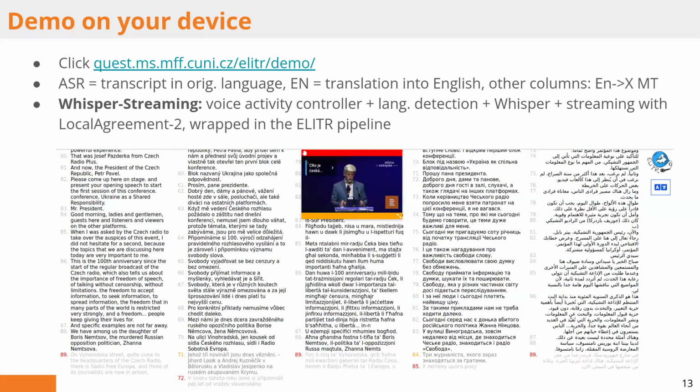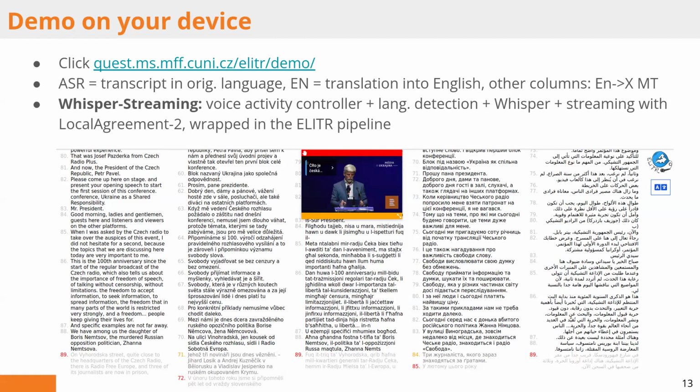And the new part that is not in the original paper is that there is a voice activity controller. It means that when I make a pause of 500 milliseconds, then translation starts from scratch. So if I make a pause like this, you should see the transcript very soon. The language detection is there and so on.